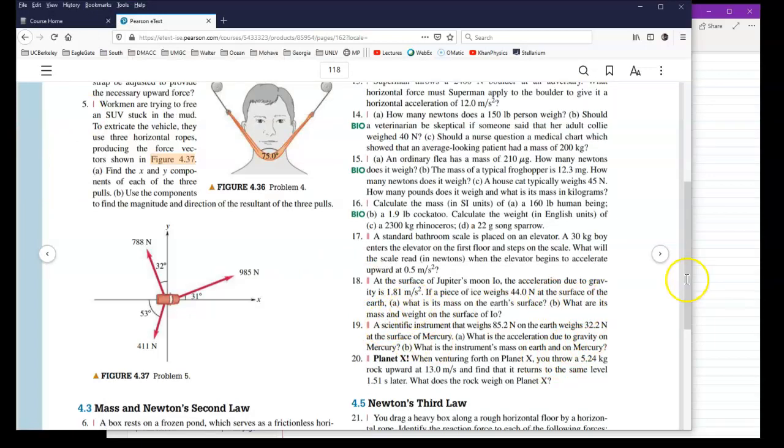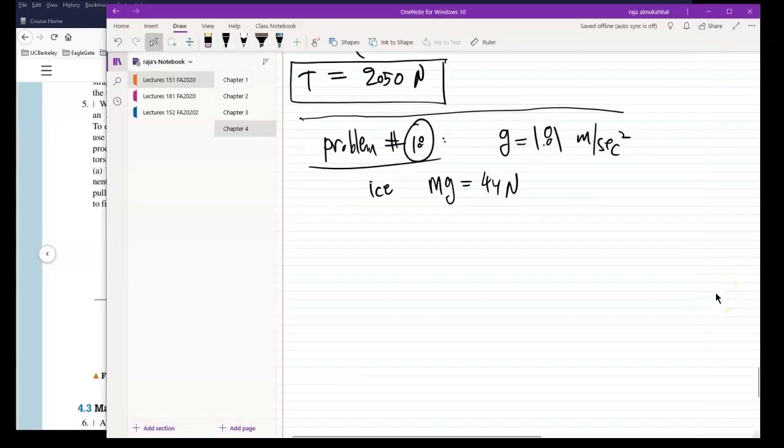At the surface of the Earth. Aha. So this g is what? Earth. The symbol of Earth in astronomy is a circle with a cross in the middle. I like to use the symbolism. For the moon, it's just a circle. And for the sun, it's a circle with a dot. Kind of cool symbols.